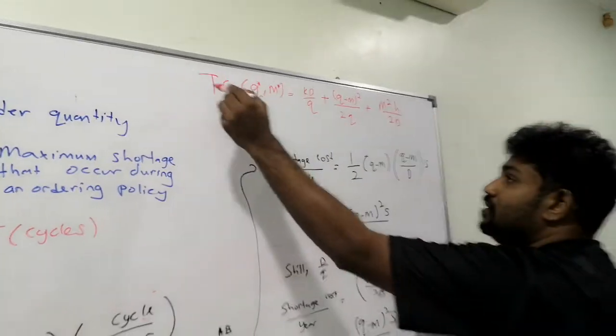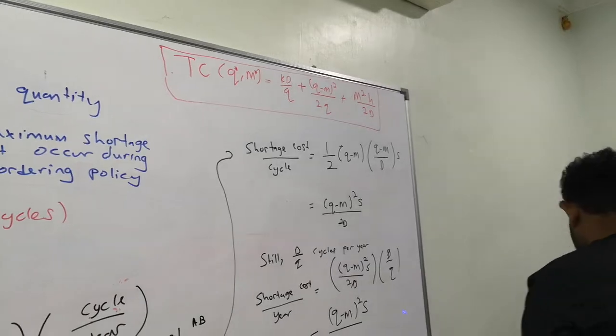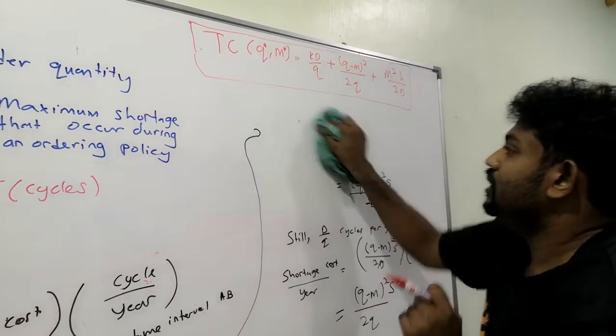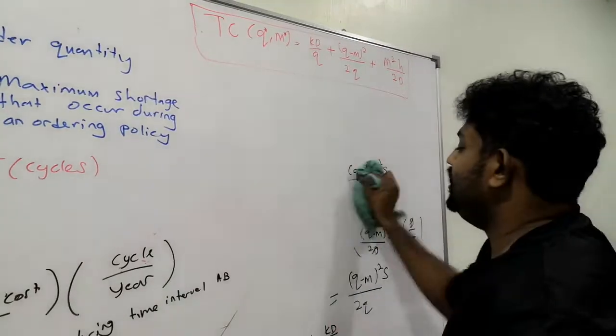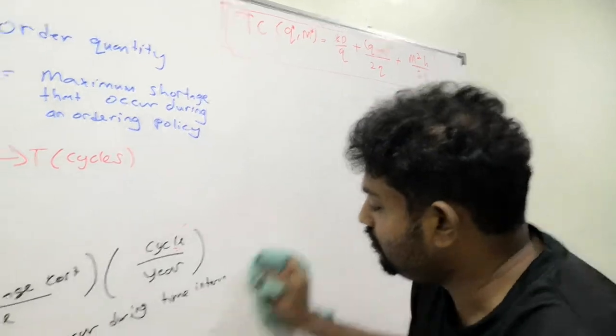So we are going to use this formula and differentiate partially to form a new EOQ, a new order quantity and a new maximum inventory, which I will show you now.